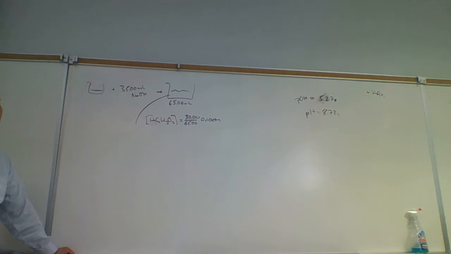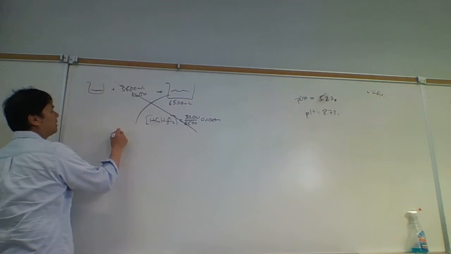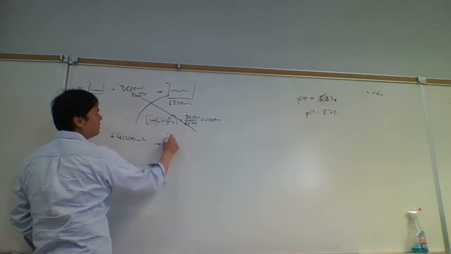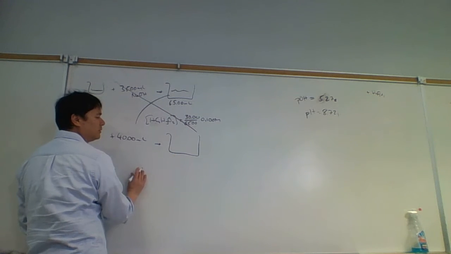Do you want to do it? Yeah? Okay. All right, we'll skip this, and then we're going to replace it with plus 40.00 milliliters, because then the numbers are going to be a lot simpler. Or will it be simpler? I don't know.